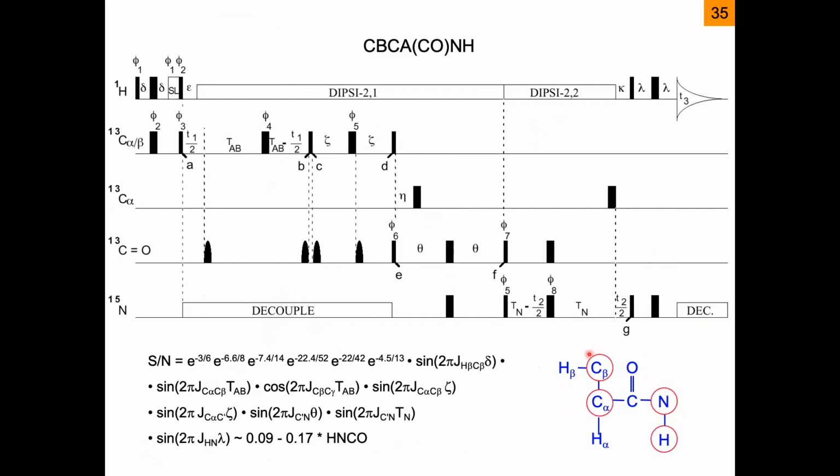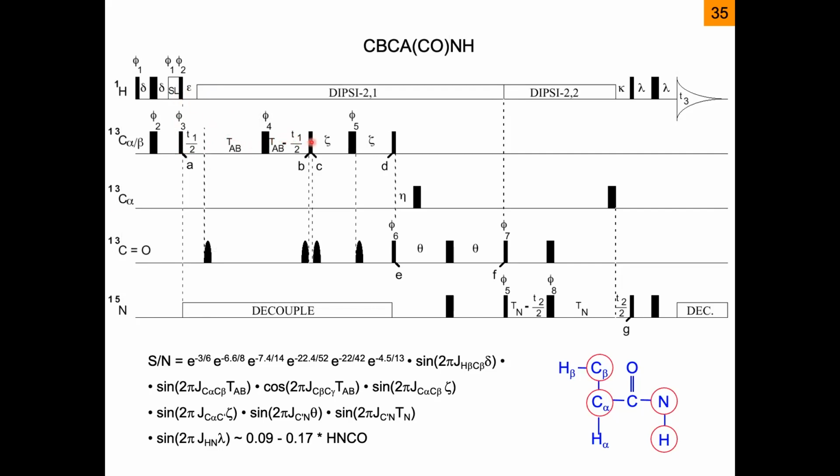But now we start on the beta positions on the preceding amino acids. Start on H beta here, transfer to C beta, and then here in this first constant time evolution period, you transfer from C beta to C alpha, refocus the proton.